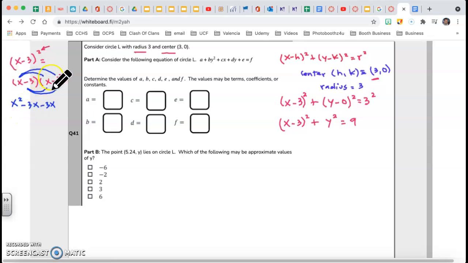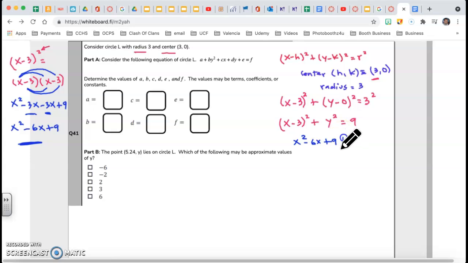So the first times the x, the first times negative 3, and then the negative 3 times the x, and the negative 3 times negative 3, which is going to give me 9. Once I have that, I combine like terms. The middle terms will be terms that you combine. So I have x squared, negative 3 minus 3 is negative 6x, plus 9. So this is how I started, this is how I end up. So instead of (x minus 3) to the second power, I'm going to write x squared minus 6x plus 9.